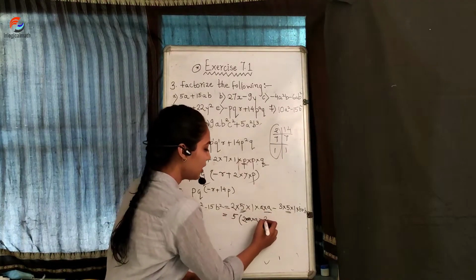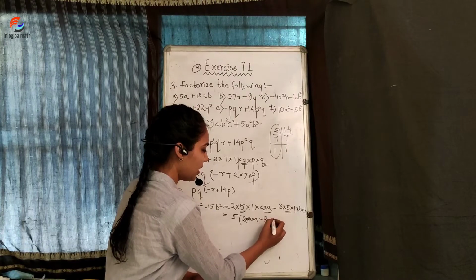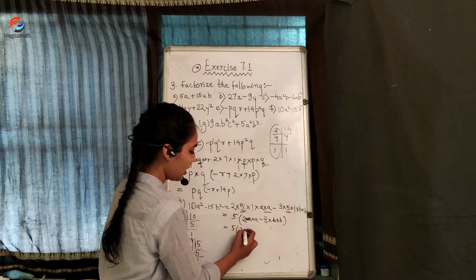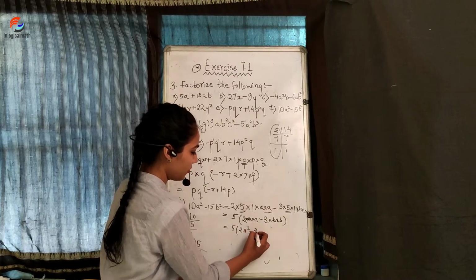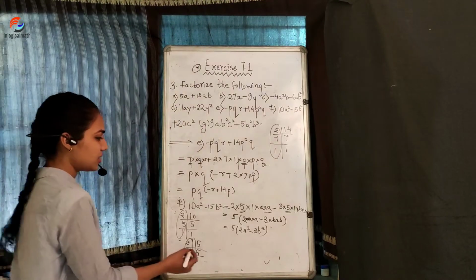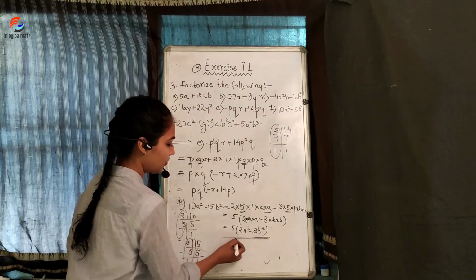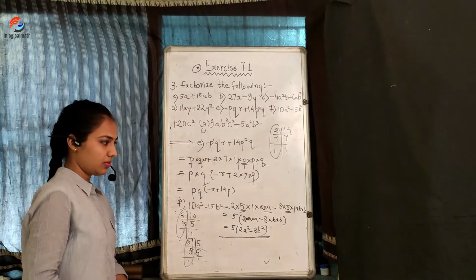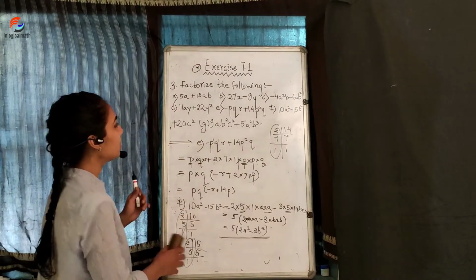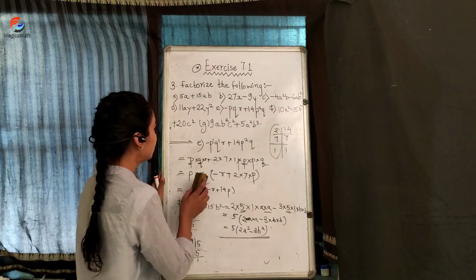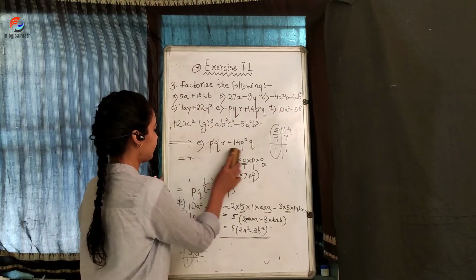So 3 multiply B multiply B. So it is 5 times 2A square minus 3B square. This is the factor of 10A square minus 15B square. Okay. Now we will go for G question.